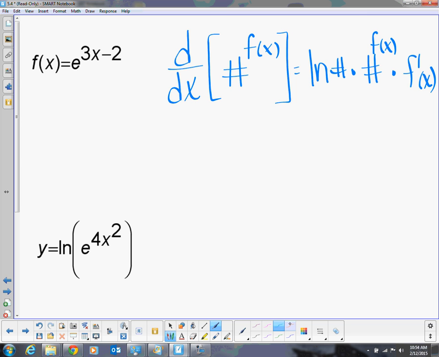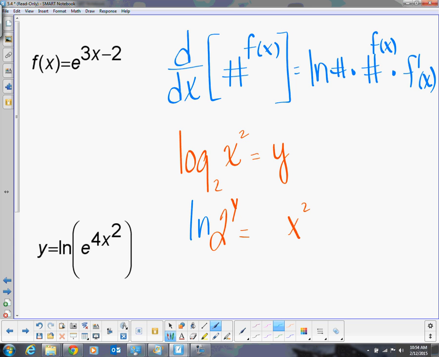And this is the deal. If I have something like log base 2 of x squared, and I need to do that derivative, we don't know how to do that derivative. So we're going to say equals y for now. That's my function. Can I put this in exponential form, 2 to the y equals x squared? Right. So now I'm going to natural log both sides.